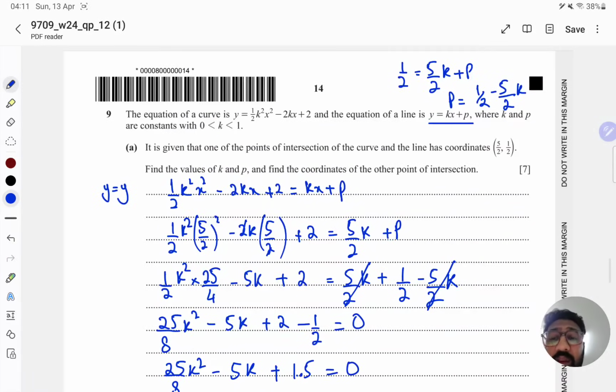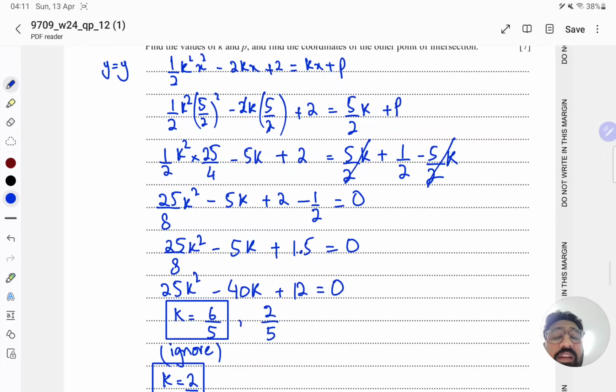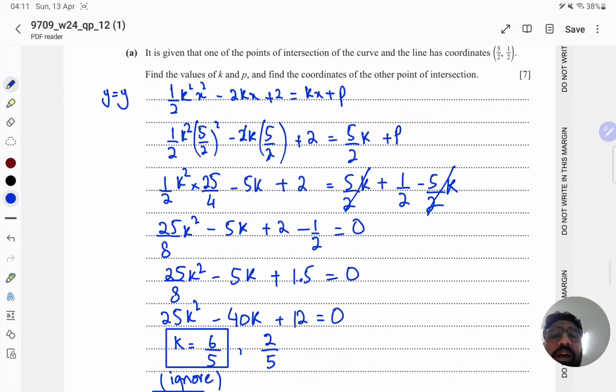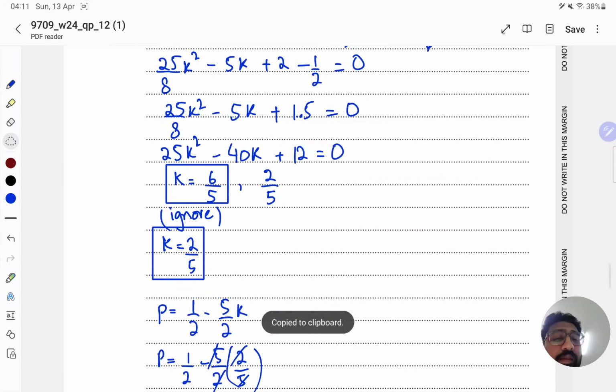We have found the values for k and p, but we need to find the point of intersection. At the point of intersection, we'll substitute the values of k as well as p in the equation that we started our question with, by putting both y's equal to each other.